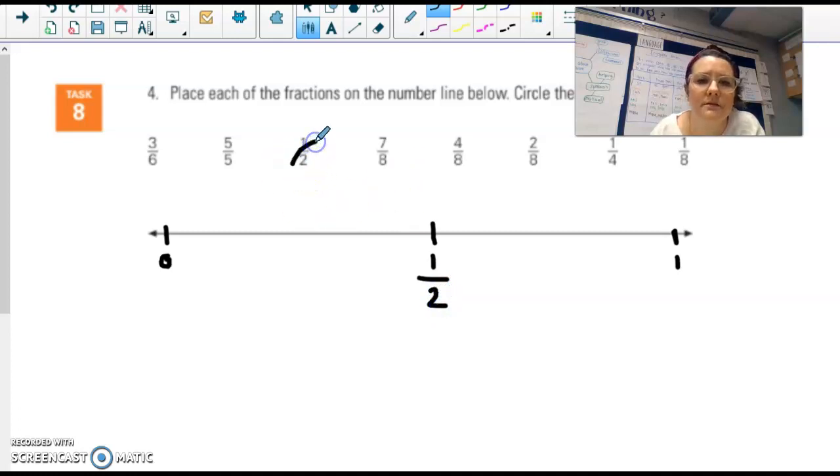All right, so that one is placed. All right, so eighths. I know that I can divide each half in half, and actually I can go ahead and place my fourths because right now I have 1, 2, 3, 4 equal parts. So this could be 1/4. So goodness, we've already placed the 1/4 as well.